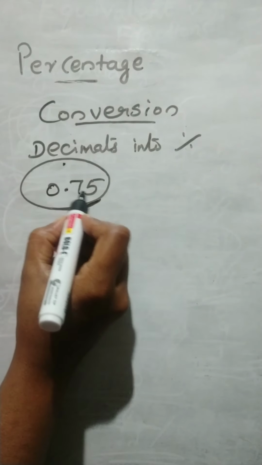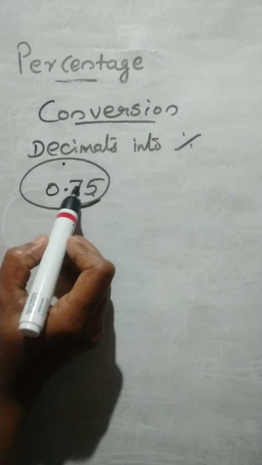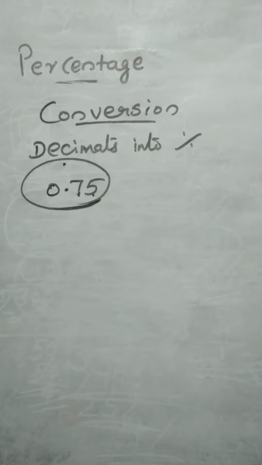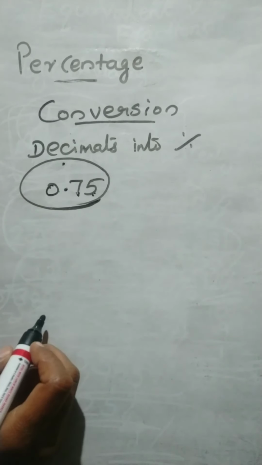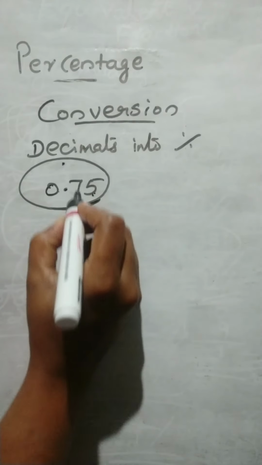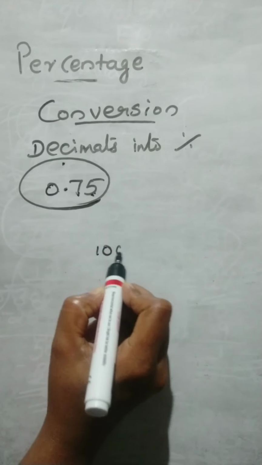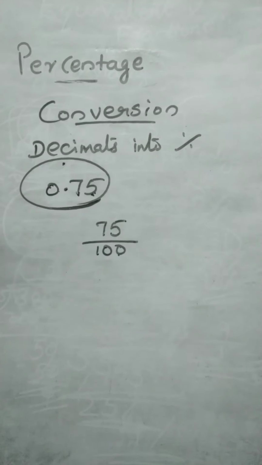So 2 decimal points are there, that is 2 digits are there after decimal point. So 0.75 we can write as fraction. How can we write? 1, 2. So 100. 2 zeros are there. Then write the number. Okay.